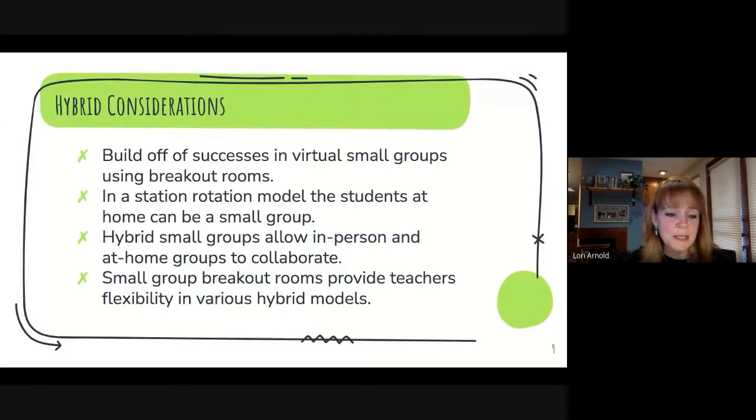And the breakout rooms provide that flexibility so that you can use those. And the other thing that's nice about breakout rooms, if you haven't used them, is that you can time them and you have control. You can go into different breakout rooms, check on what the students are doing, and you can pull them back. So that's one of the nice things about using breakout rooms with small groups.